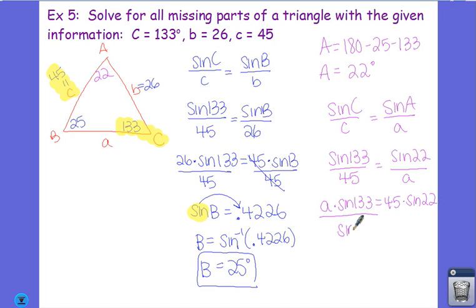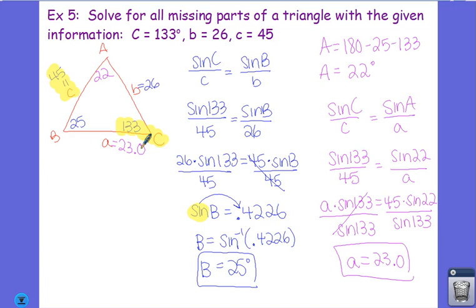You should have divided by the sine of 133. A equals 45 times the sine of 22, close parentheses, divided by the sine of 133 gives you 23.0 for A. And we are done with that problem.